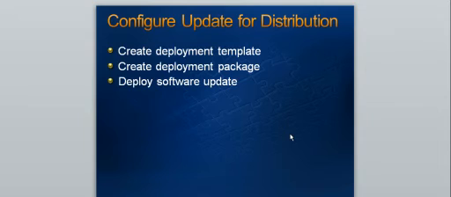Once you have selected the template and the packages which you want to deploy to the client machines, the next thing is you need to configure to deploy software updates, whereby you initiate a request to System Center Configuration Manager to download the update and start to push the update to all your online virtual machines and also your physical host machines.